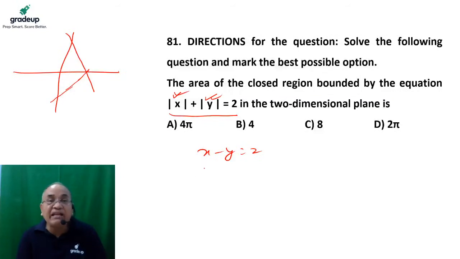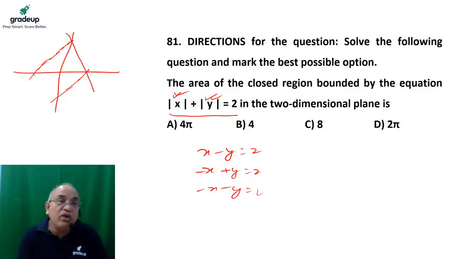If I take x as negative and y as positive, then this line will intersect the x and y axes here. And if I take x as negative and y also negative, this line is going to intersect here.